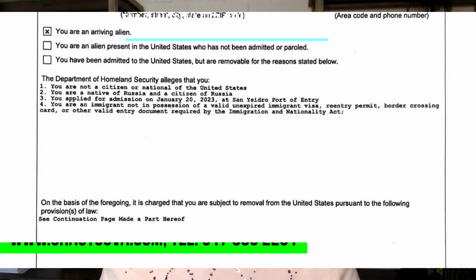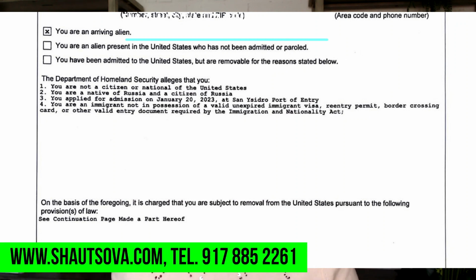So whatever is the case, you got this notice. And in that notice, there are charges against you. Charges, sentences, accusations, such as, for example, you are not a citizen or national of the United States. Usually it's number one. Then it says you are a citizen or national of country XYZ. You entered the United States on such and such date at such and such time in status, or unknown date and time, you don't have status.